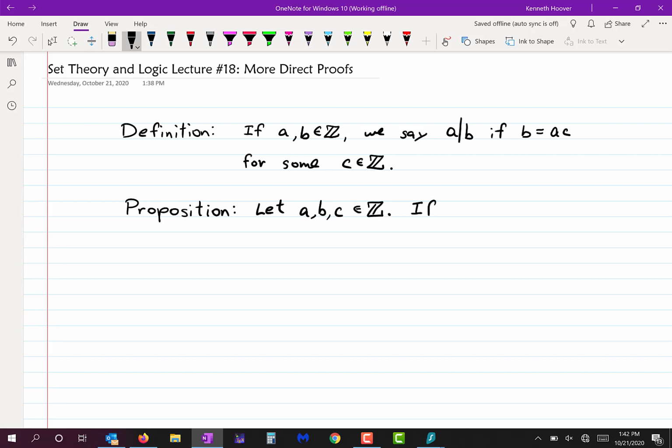If a divides b and b divides c, then a divides c. Okay, so let's prove that.